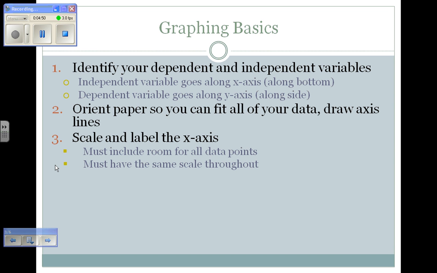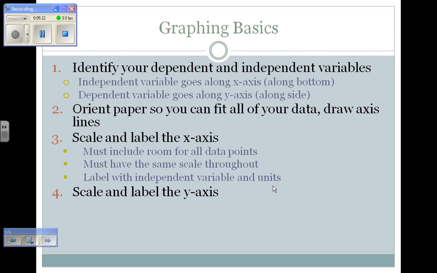So instead of deciding I want this point, this point, this point, we say I'm going to start at 0, and each square will be going up by 5, for example, or 10, whatever the units we have. The label goes below that x-axis, and we just want to title it with whatever our independent variable is. In parentheses after that, we'll put the units so that anyone looking at our graph will know what we measured and what units we measured it in.